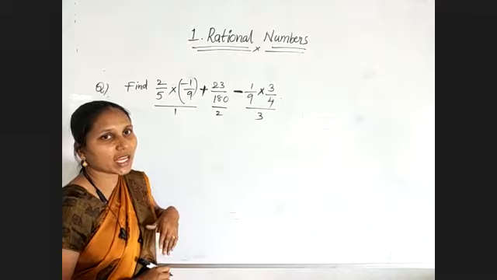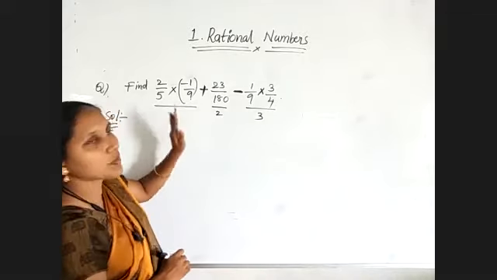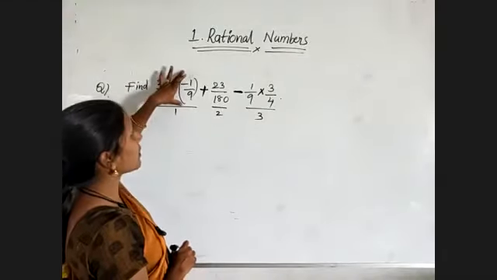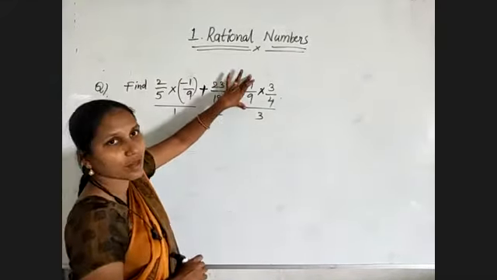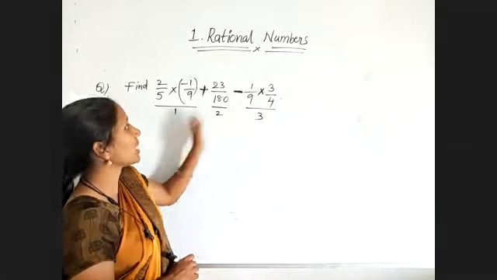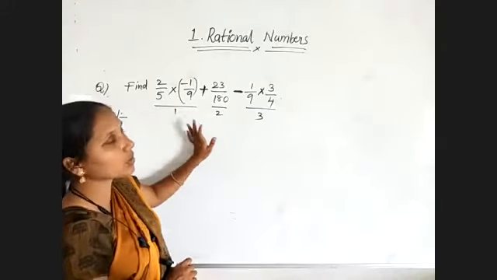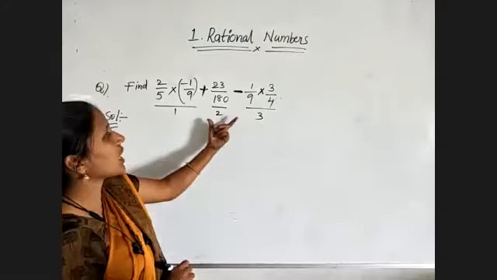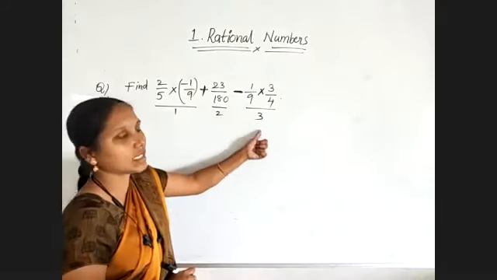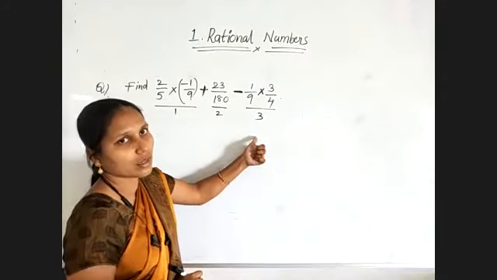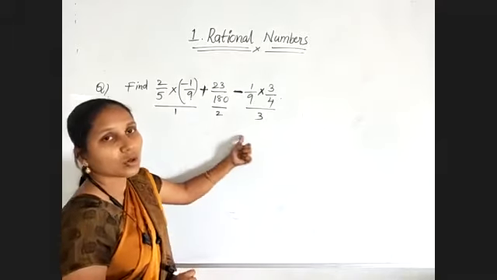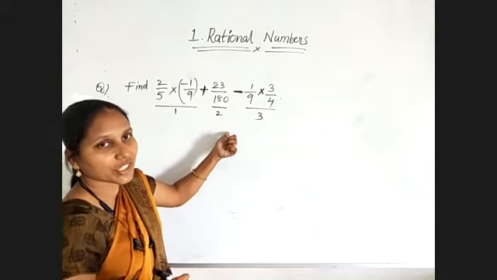Now, for my convenience, I am observing that here there is 1 by 9 and here also I am getting 1 by 9. So for my convenience, I am writing these two numbers together, meaning I am changing the order of the second and third number. There is no problem because it is the commutative property.